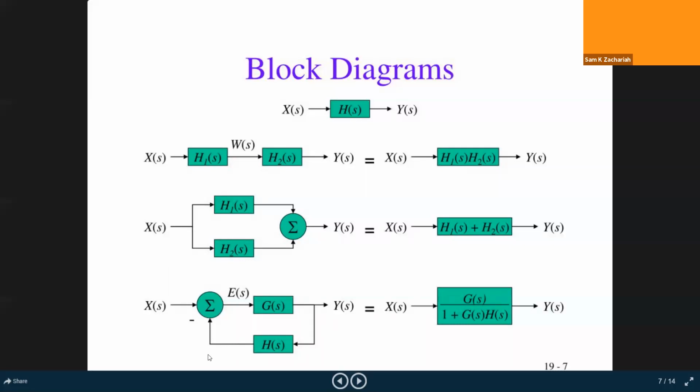But if you look at this point, es depends not only on the external input, es depends on the output ys.